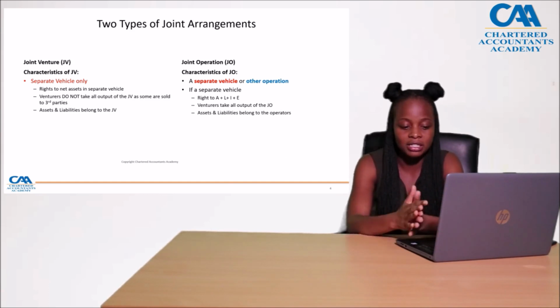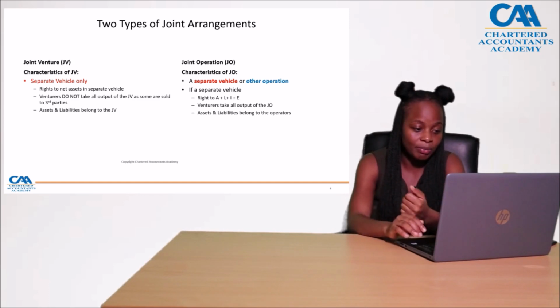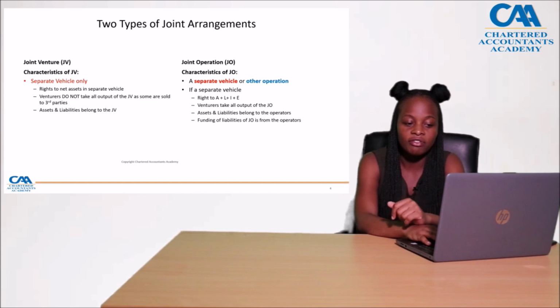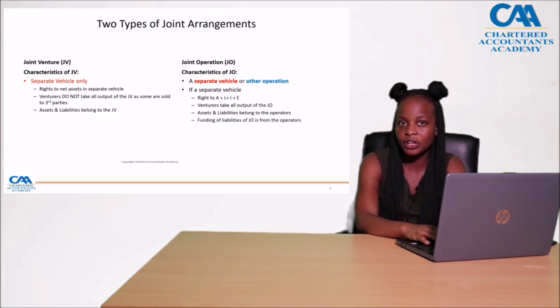And the funding of liabilities of a joint operation is from the operators. So it links back to where you have a right to the assets and an obligation related to the liabilities, however you decided to share them. I hope you can see the distinction.